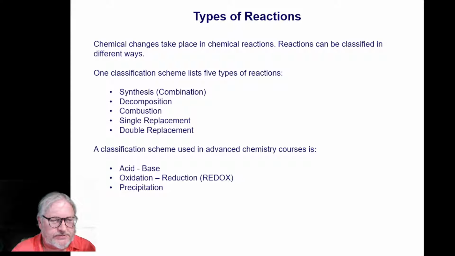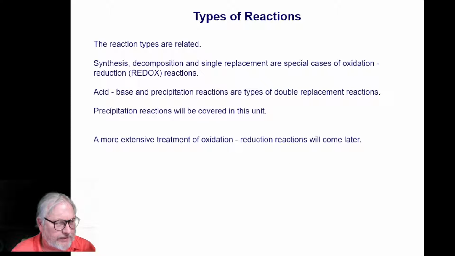Then, of course, a precipitation reaction, which is pretty much a special type of double replacement. So, they're related. Okay, synthesis, decomposition, and single replacement reactions are special cases of redox reactions where one is reduced and one is oxidized. We'll talk about that later.